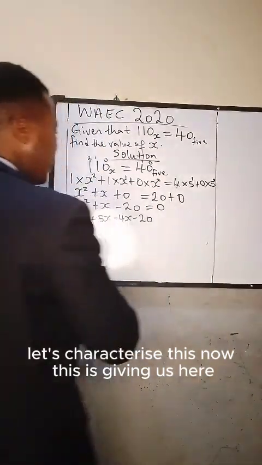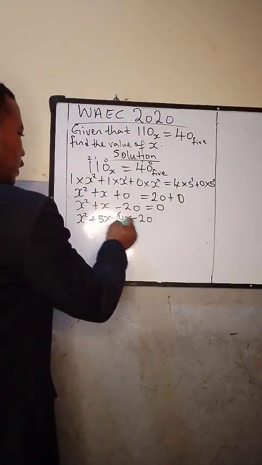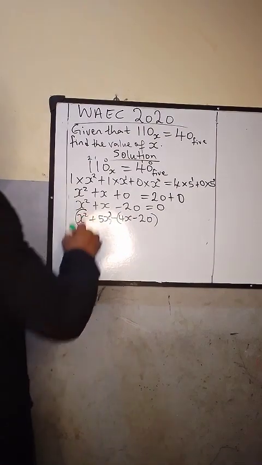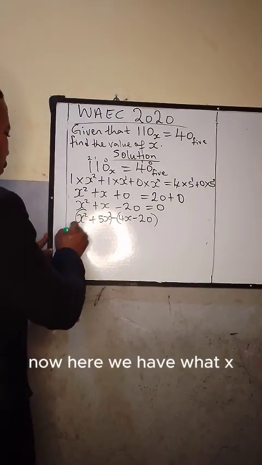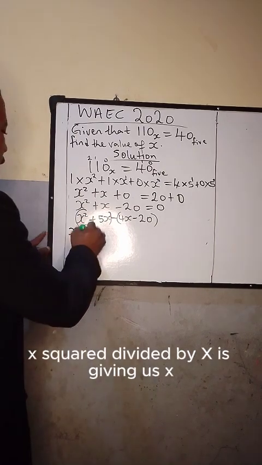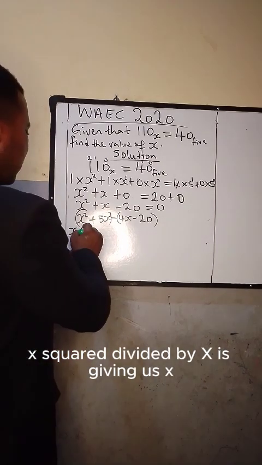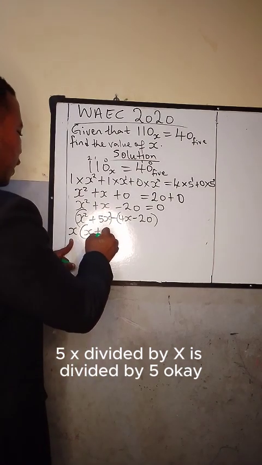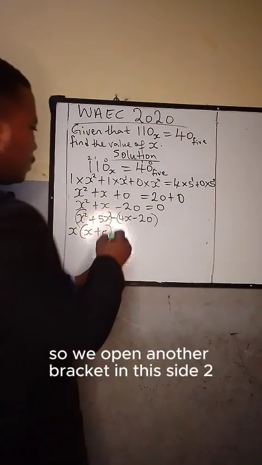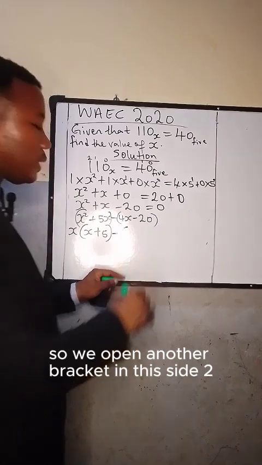Let's factorize this now. What's common here? Of course, you can see that we have x here. x squared divided by x is giving us x. 5x divided by x is giving us 5. So we open another bracket on this side too.